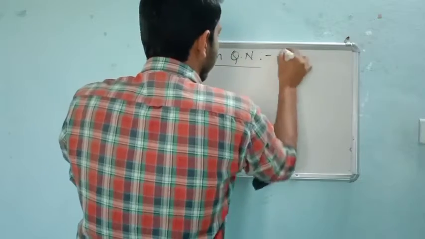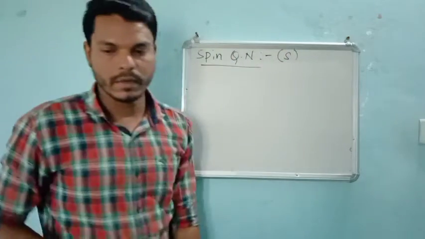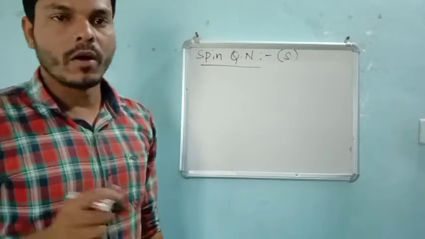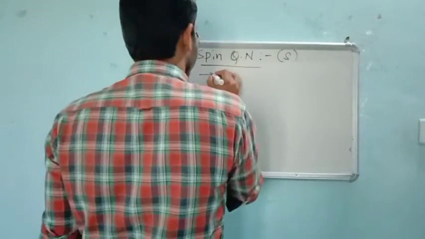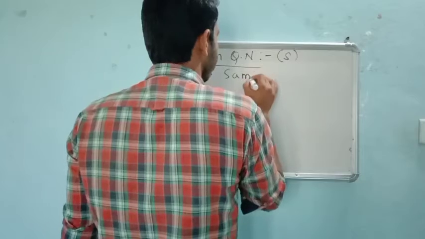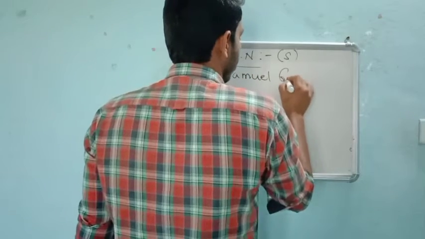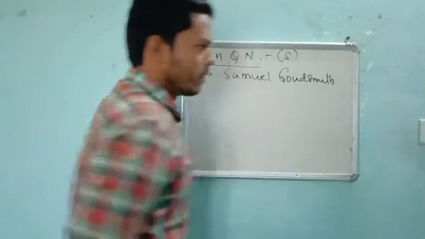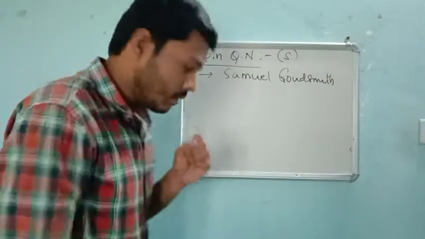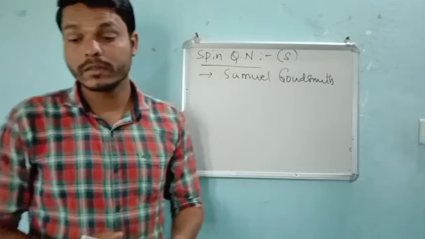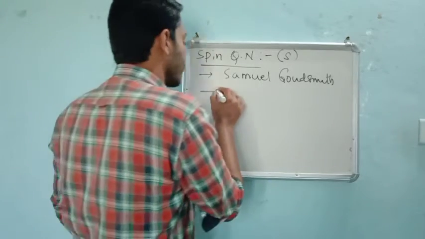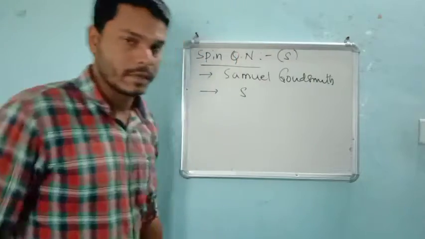It is denoted by s, and it was discovered by Samuel Goudsmit, the scientist who discovered this, and it is represented with a small s.